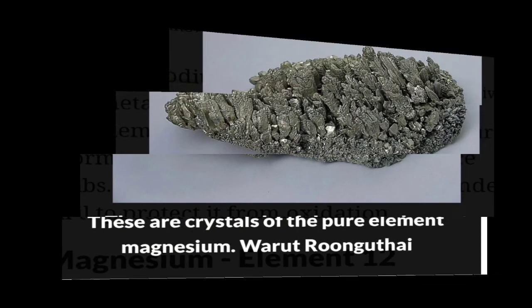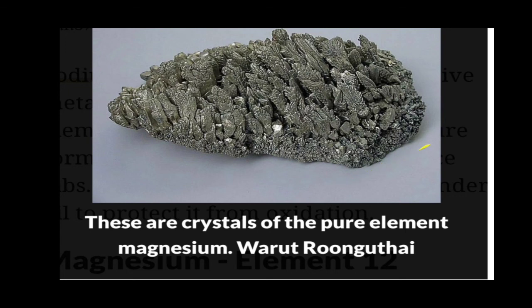Very soft metal. Next, come to magnesium. This acts as a metal and it is present in the second group called alkaline earth metals. Magnesium burns in air with a dazzling flame. It gives magnesium oxide.